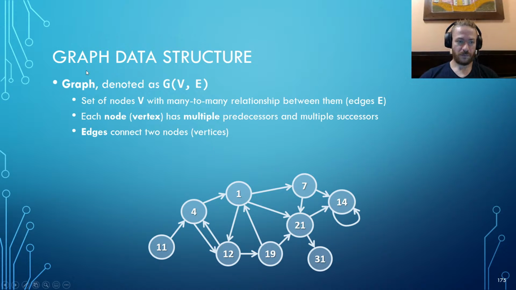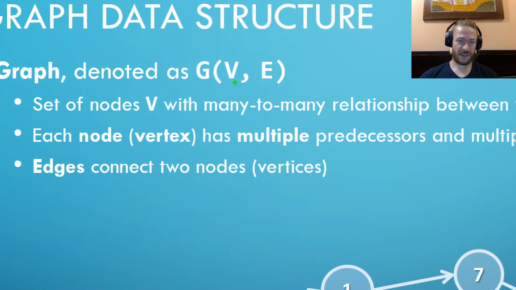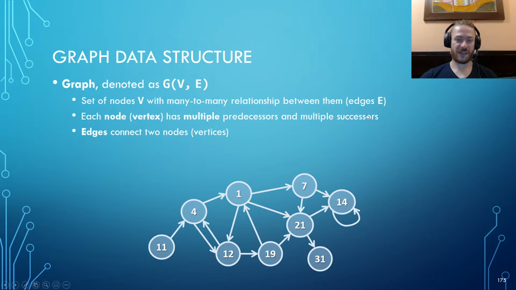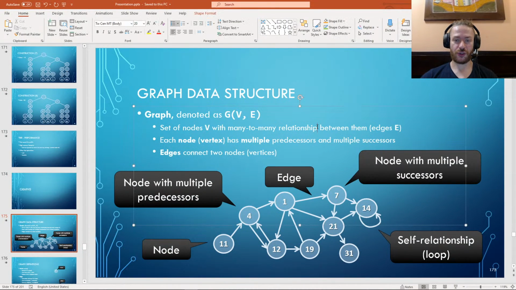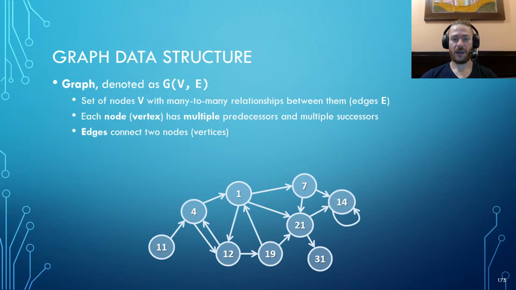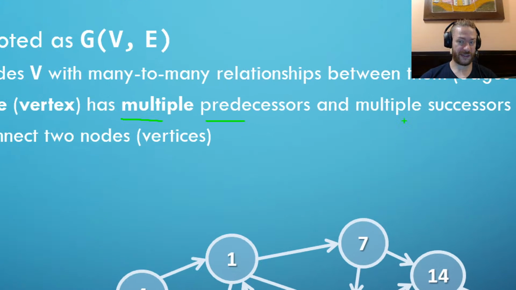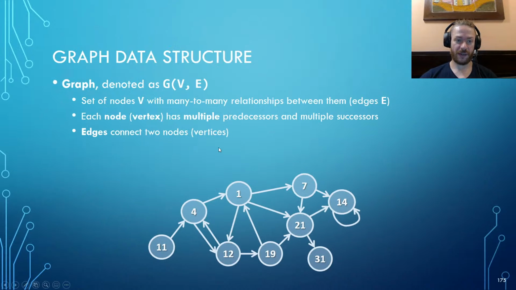So a graph is denoted like this, and we have nodes V with many-to-many relationships between them. And these relationships are edges. Each node may have multiple parents and multiple children.